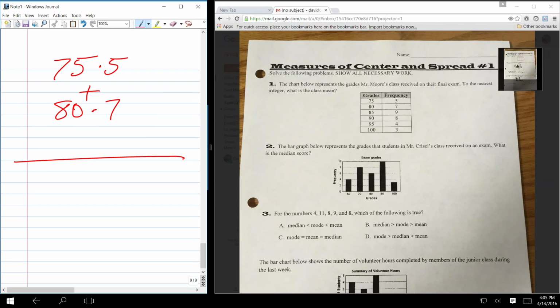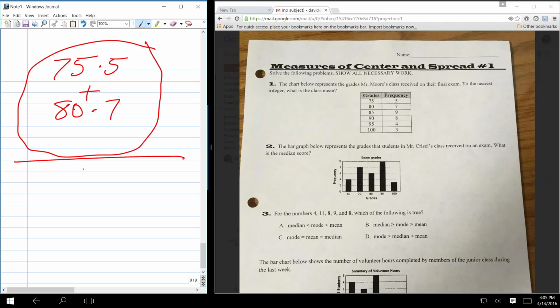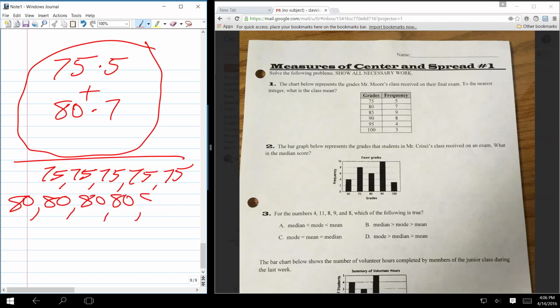In other words, I could write this like this. There's 75, there's 5 of those. There's 7 80s. And I'm going to add up all the scores and divide by the number of scores. By doing it this way, we're adding up all the scores.